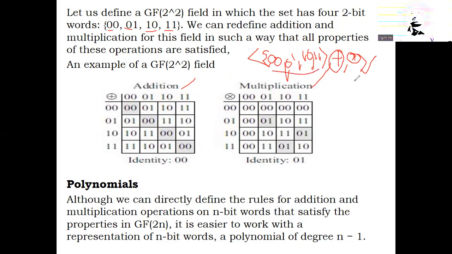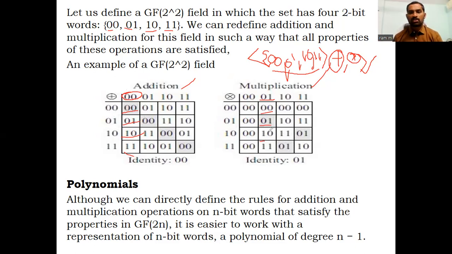Obviously it will provide closure property and associative property. Let us check for the identity element. On addition, 00 is the identity element, since I'm getting all the elements 00, 01, 10, 11. On multiplication, the identity element is 01, where I'm getting all the values 00, 01, 10.